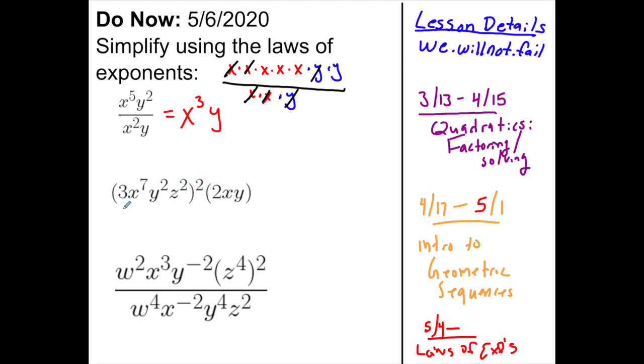On the second one, we do need to do a little bit of unpacking. First, we need to work with this exponent right here. When you do it like this, you have to do the squared with the 3, the squared with the 7, the squared with the 2, and the squared with the 2. This is happening because these are all being multiplied.